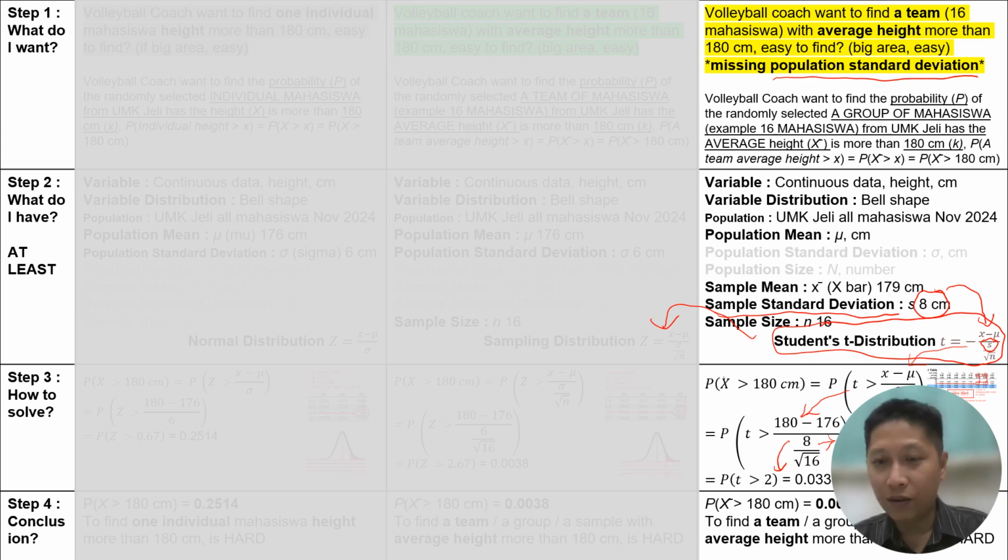We need to find the ratio between the t and the p. At the end, when t is 2, it is equivalent to probability 0.0337. It's a very small number, meaning that it is very difficult for the volleyball coach to find a team that is more than 180 cm or above.